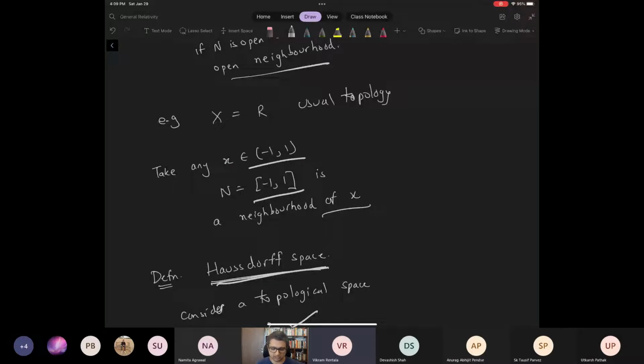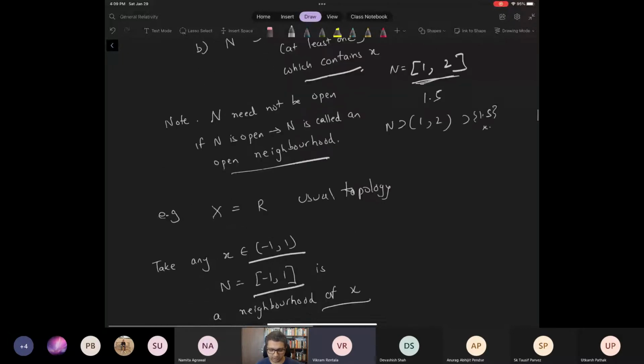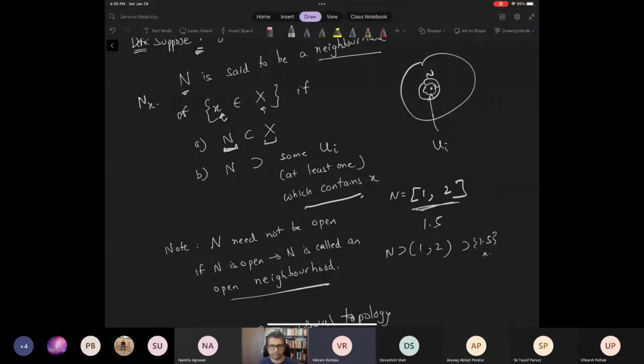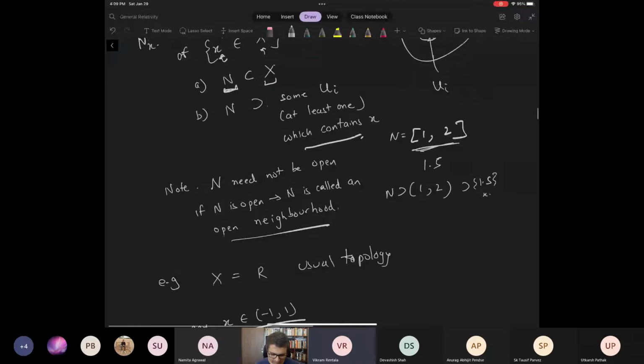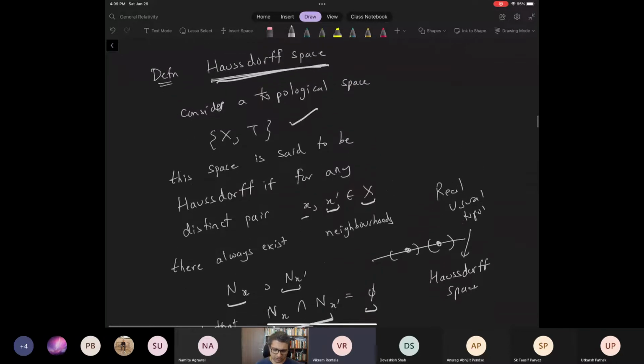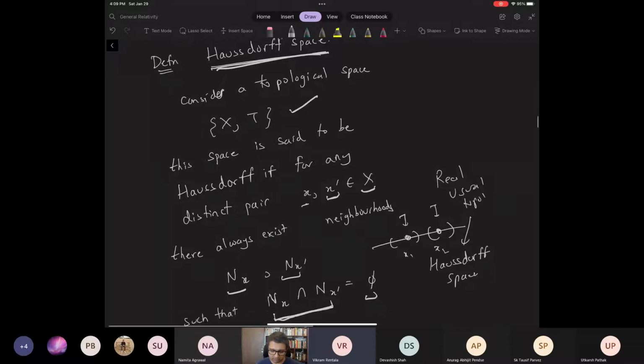The only condition is that it should contain the point X that you're talking about, and it should also contain at least one of your open sets U_i, which belongs to your topology T. And we defined a Hausdorff space to be one where if you have a topological space X and two points X1 and X2, then it should be possible to find neighborhoods of these such that the neighborhoods are disconnected from each other. That is, the intersection of the neighborhoods is an empty set.